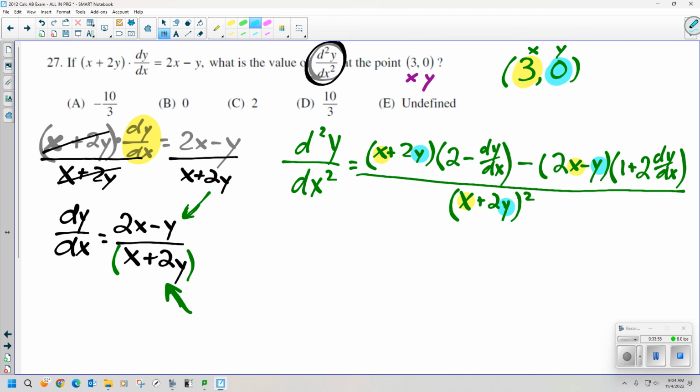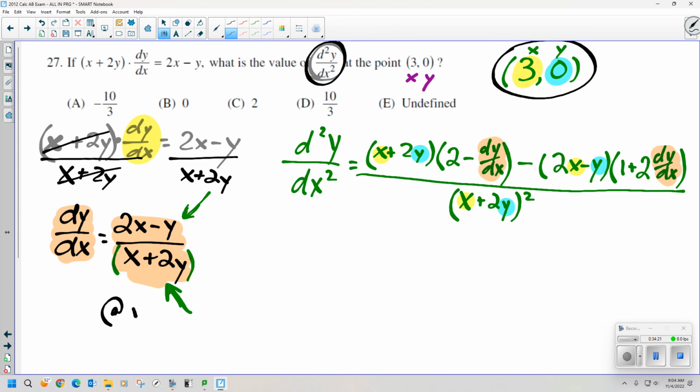Everything goes bye-bye. But here's the problem. What do I do for dy/dx here? dy/dx is this thing, but I don't want to put in this whole thing. So why don't I take my x is 3, y is 0.